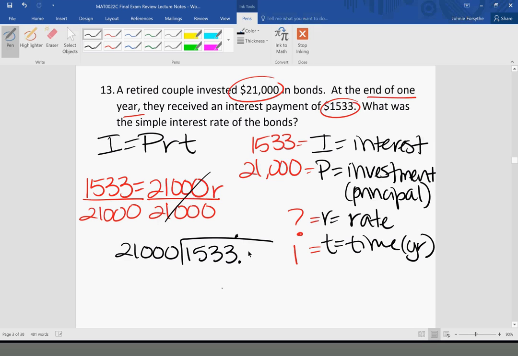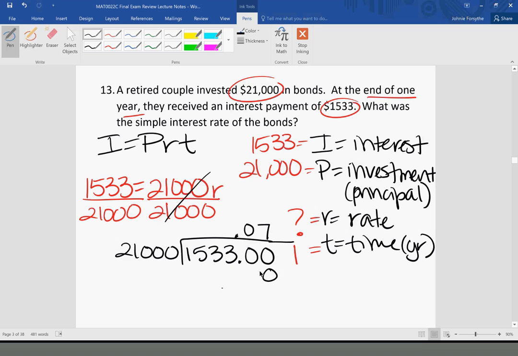Okay. All right. So now 15. It didn't go into 15,000, so that was a 0 there. It went into 153,000. So this is where the 7 should have gone. And then, I forgot what the number was.